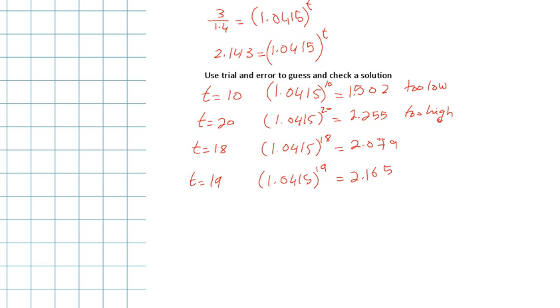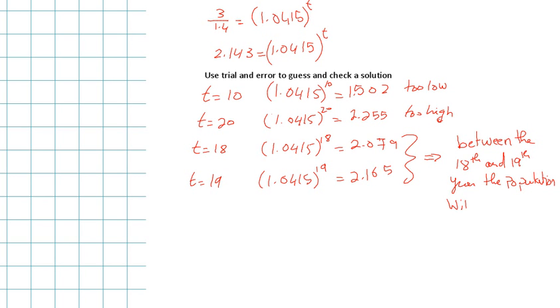Because this is too low and too high, we're going to say that between the 18th year and 19th year, the population will exceed 3 million.